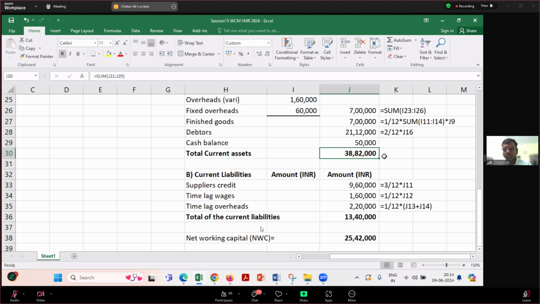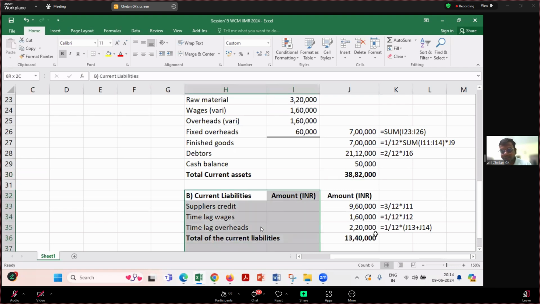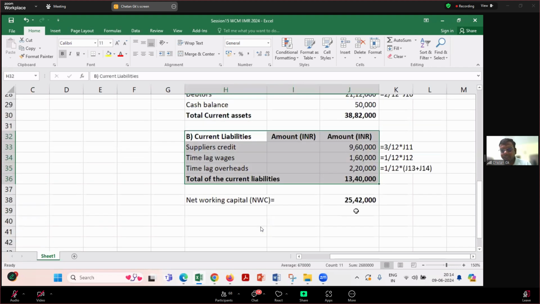Then only you'll be able to see 13 lakh 40,000 is coming from the current liabilities. So the rest you have to keep.